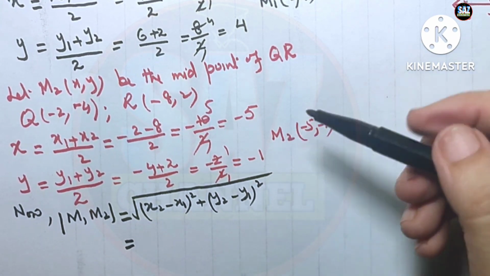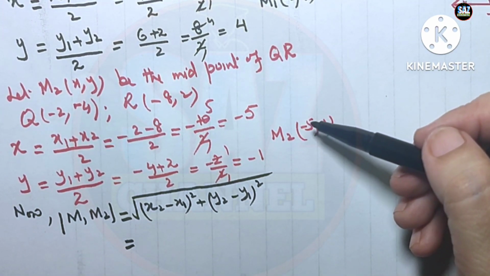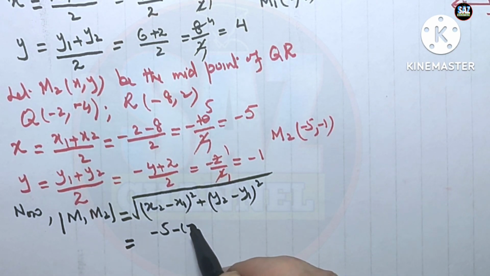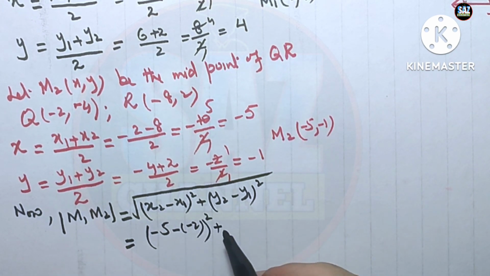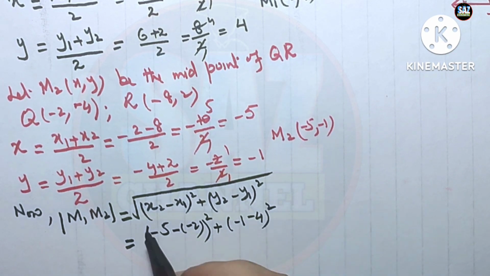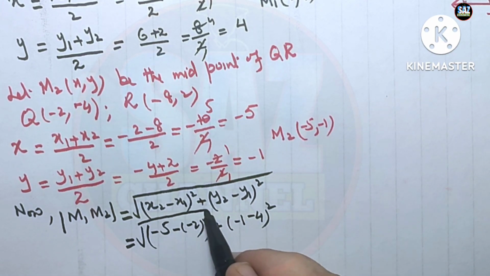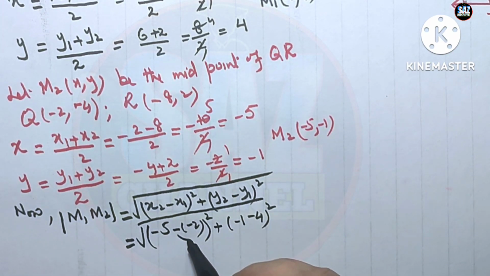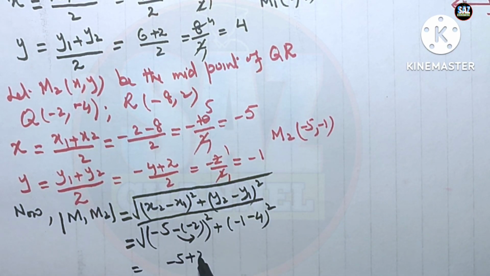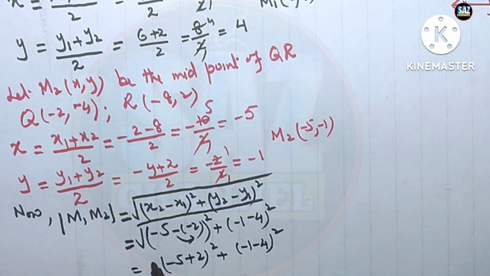Okay, x2 minus x1: -5 and -2 square, plus -1 minus 4 square. Now minus multiplied by minus will become plus, so (-5 plus 2) square plus (-1 minus 4) square.